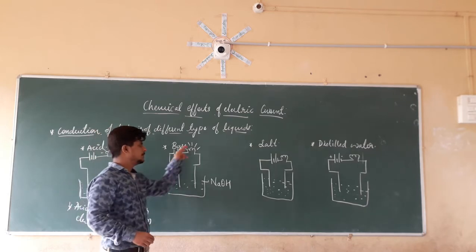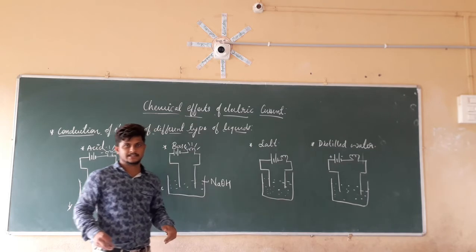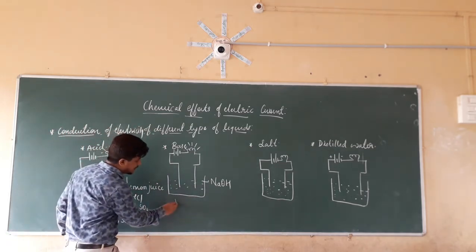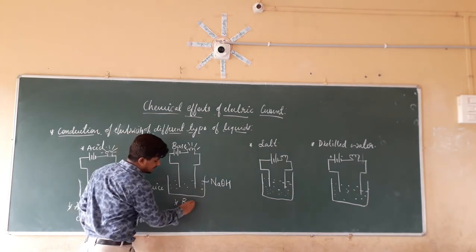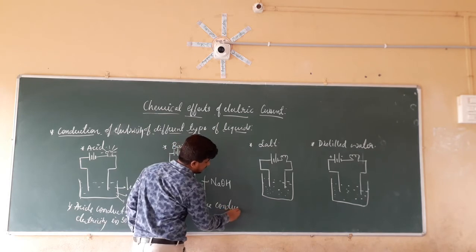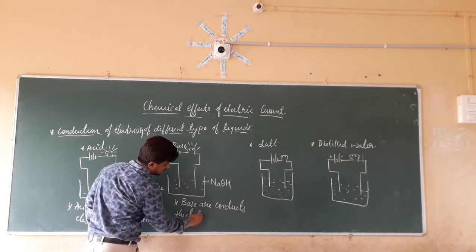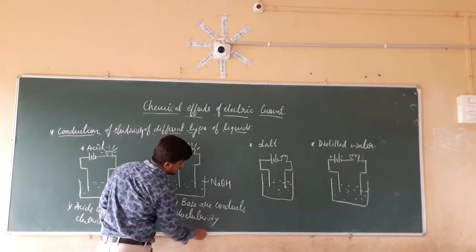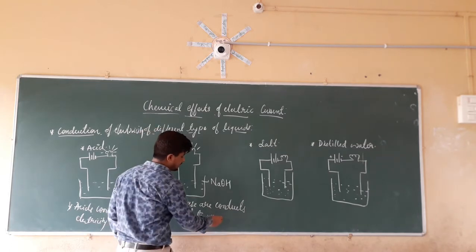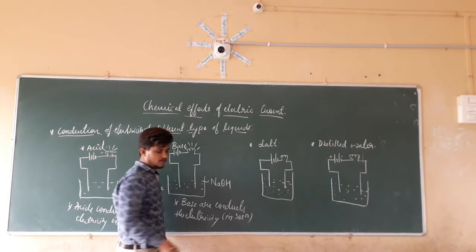So if the bulb is glowing here, we can say that bases also conduct electricity. Just as acids conduct electricity, bases also conduct electricity, when they are present in water, that is, in solution form.